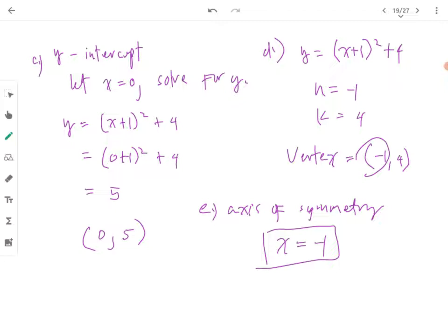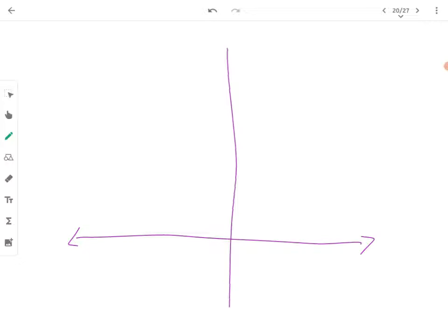So we are now ready to sketch our graph. The highest point is 0, 5, I think. It doesn't have x-intercepts, so our information is very limited. So let's try to graph it. Since it's above the x-axis, I will lower down the x-axis.